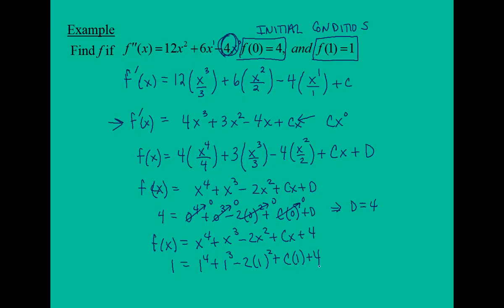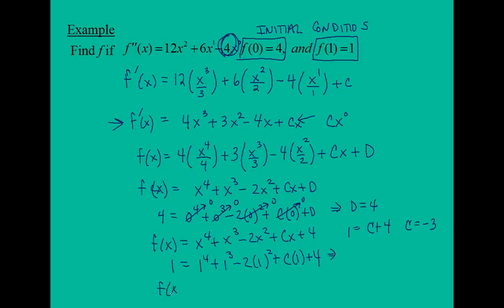So here, if we solve for c, we would have 1 equals, we have 1 plus 1 minus 2, so that gives us 0. So we'd have c plus 4, and if we subtracted 4 from both sides, we would get c equals negative 3.